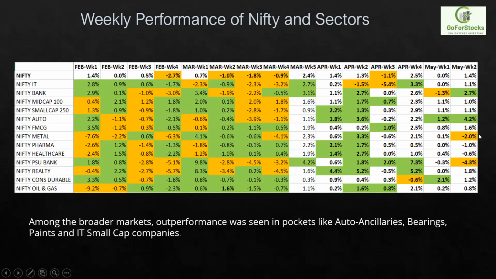The laggards are the Nifty PSU Bank Index, which has fallen by more than 4%, and the Nifty Metal Index, which was down by 2%. Among the broader markets, outperformance was seen in pockets like the auto ancillaries, bearings, paints, and the IT small cap companies.